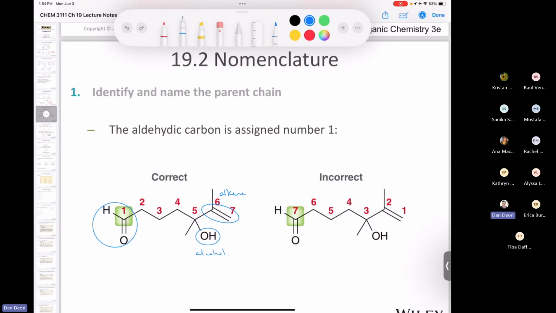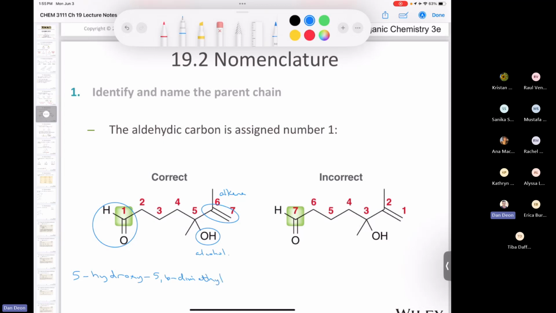Now, again, I'll never ask you to name a compound like this, but I can show you just for instructional purposes. This compound is called 5-hydroxy. So the hydroxyl group is given the prefix hydroxy. And then we have a 5,6-dimethyl.